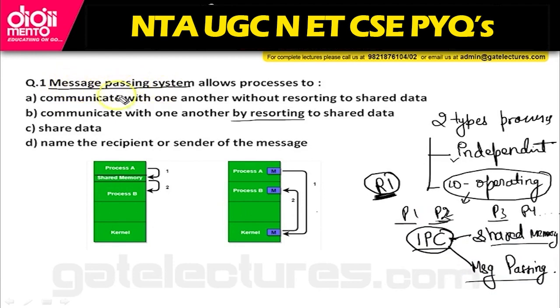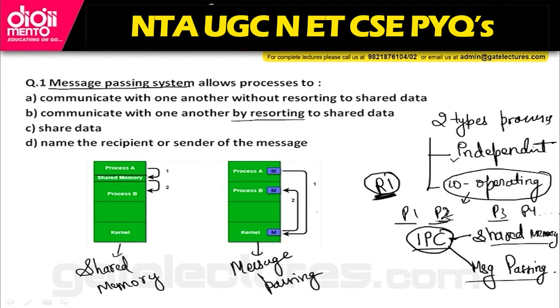Here they are talking about the message passing system. In the given diagram, this one is the shared memory method and this one is message passing. As you can see in the diagram, suppose process A is running and executing some instructions, and meanwhile it is changing some values of R1.